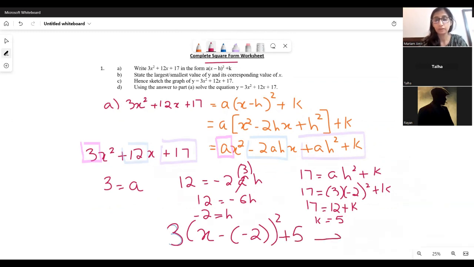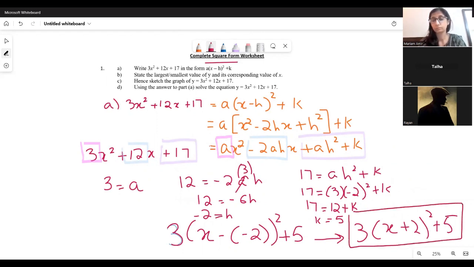So that is 3(x + 2)² + 5. Okay, that's the completed square form. So we're done with part A using 2 different methods.